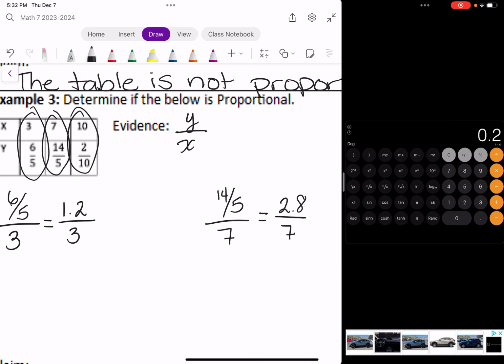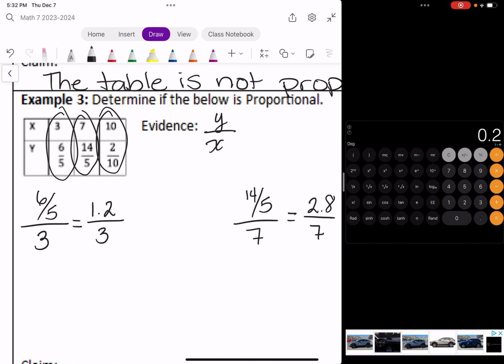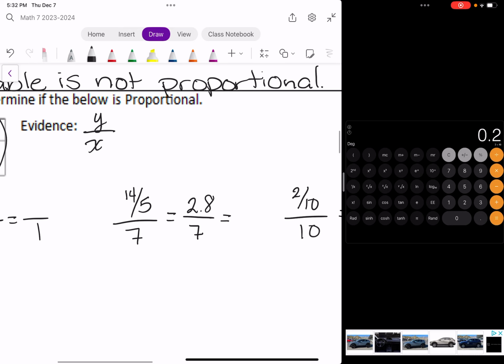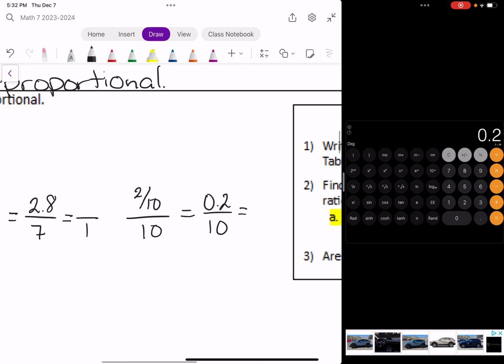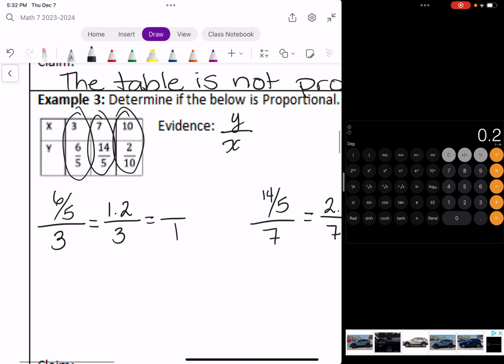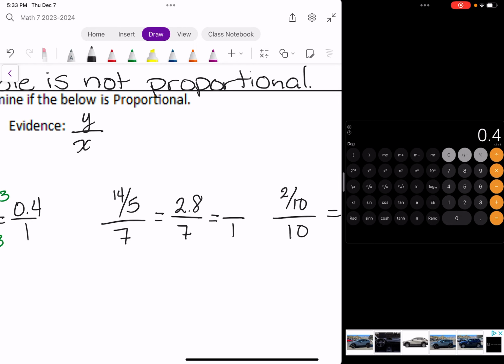Okay. Now, let's change it into a unit rate. It has to be something over 1. All of them do. Okay. To get from a 3 to a 1, I have to divide it by 3. What I do to the bottom, I do to the top. And again, use our calculator. So 1.2 divided by 3 is 0.4. Okay.